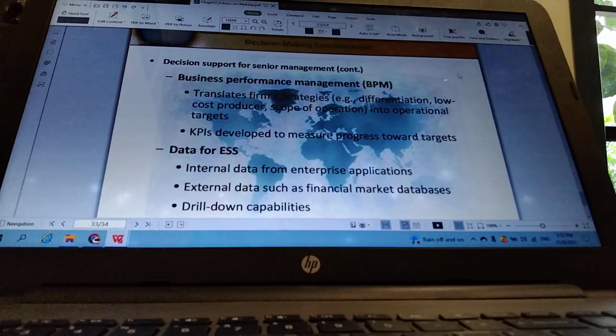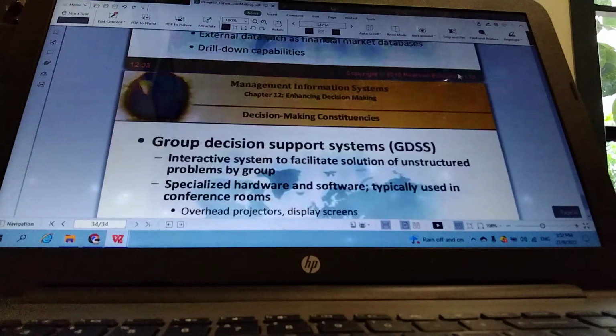Also for business performance management and monitoring, the data for the ESS systems can be internal, external, or from any other source.